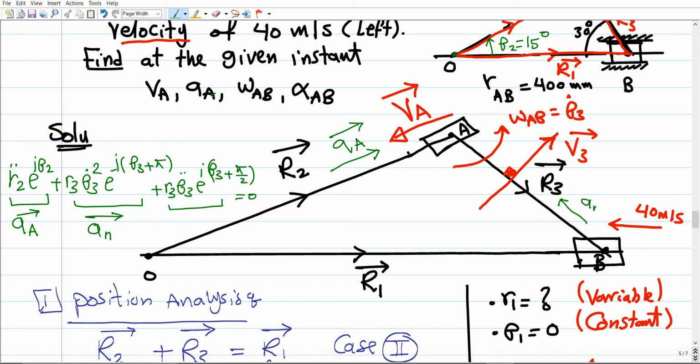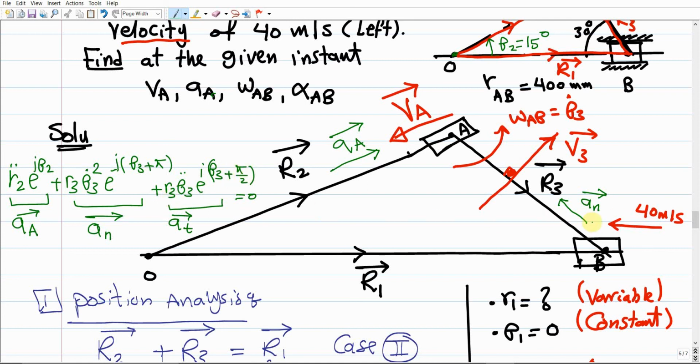So there should be a normal vector of this length. How about the A tangential vector? The A tangential should be R alpha, because this is theta 3 double dot. This should be alpha, the angular acceleration, and it should be perpendicular, because there is pi over 2.